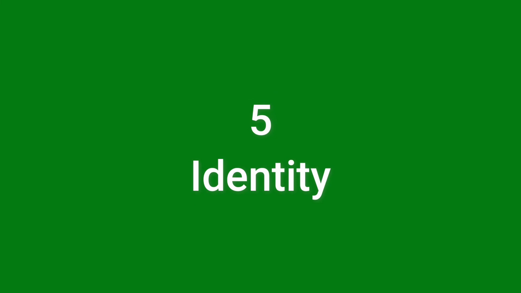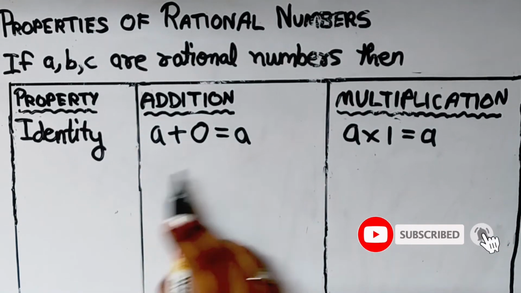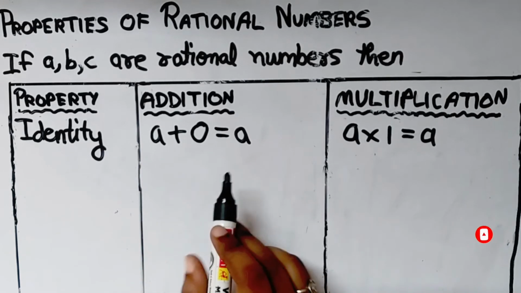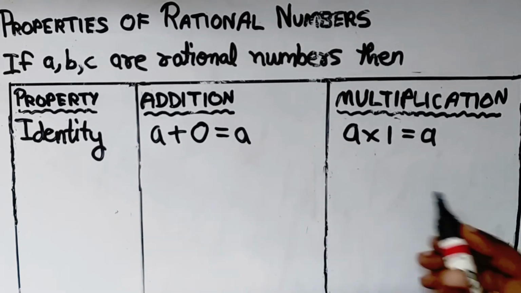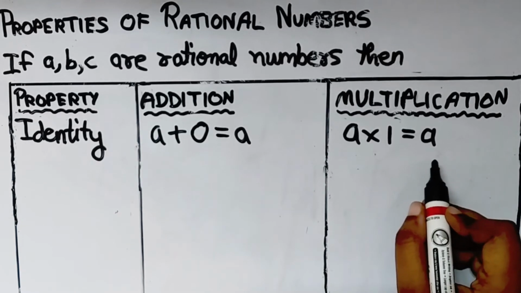The next property is identity property, that is existence of identity. A is any rational number. If we add 0 to A, it will remain A only, and if we multiply A with 1, it will remain A, the same number.